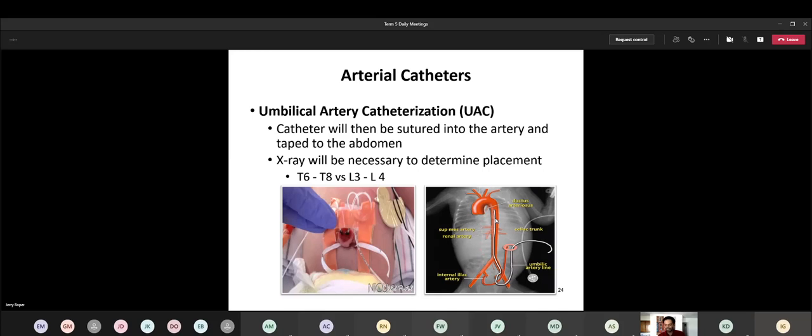Blood is returning back to the right side of the heart via the inferior vena cava. So if you saw two radiopaque lines, one on this side and one on that side, then that would tell you that this baby has two catheters. They've inserted a UAC and they've inserted a UVC, which just stands for umbilical vein catheter.